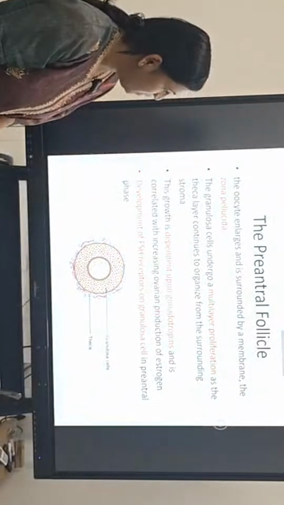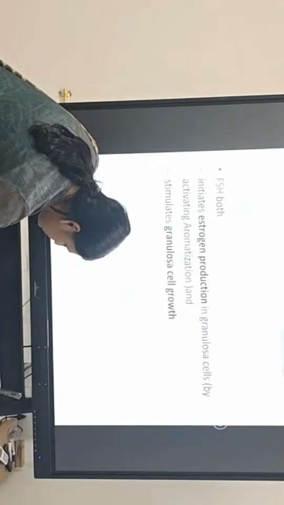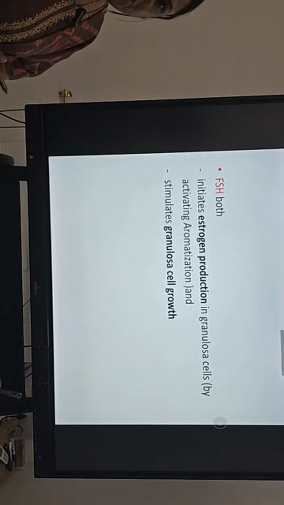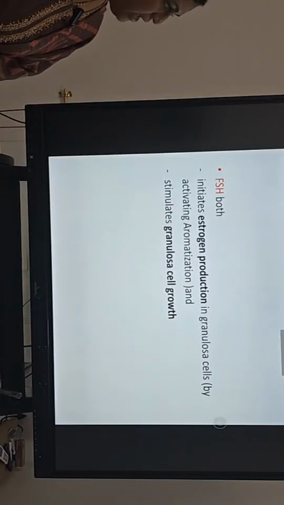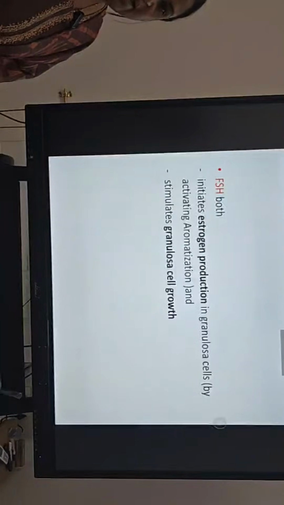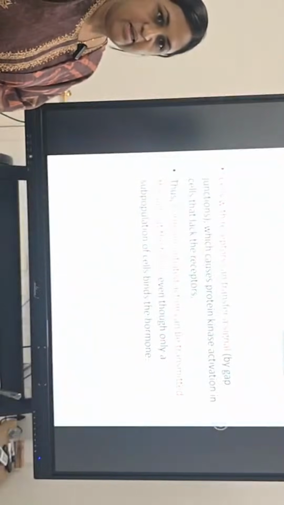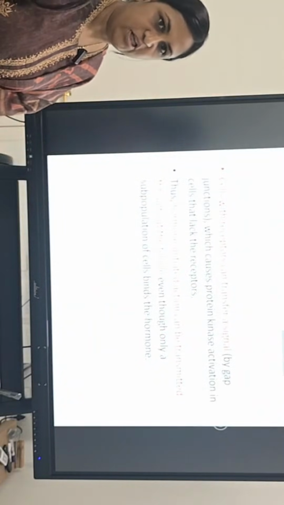Also, there is development of FSH receptors on the granulosa cell. This FSH has two functions. It stimulates granulosa proliferation and it also activates aromatization, that is the production of estrogen. Now, what is important here is that not all the granulosa cells have this FSH receptor.